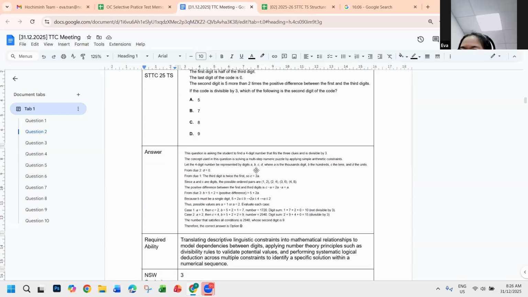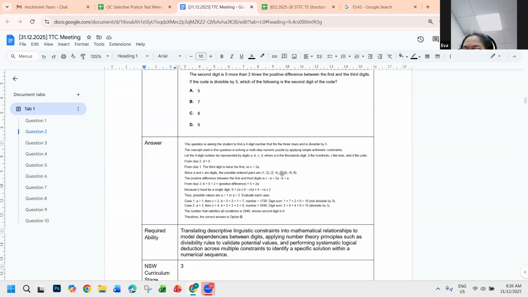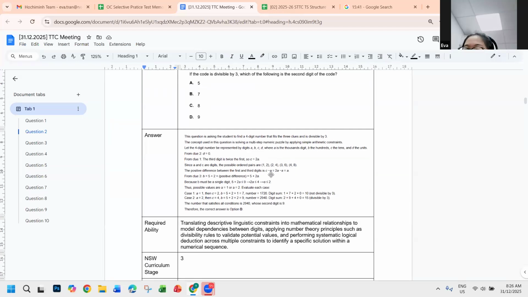The third digit is C and the first digit is A. So we have C minus A equals 2A minus A equals A. And B is 5 plus 2 multiplied by the positive difference, and the positive difference here is A. So we have B equals 5 plus 2A.